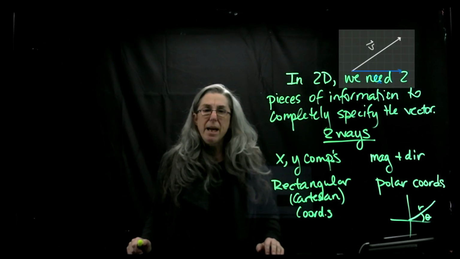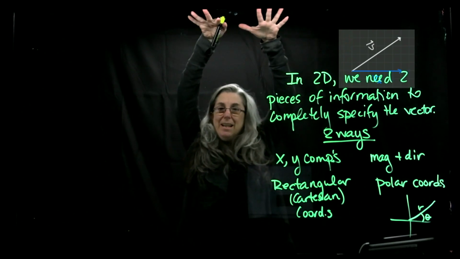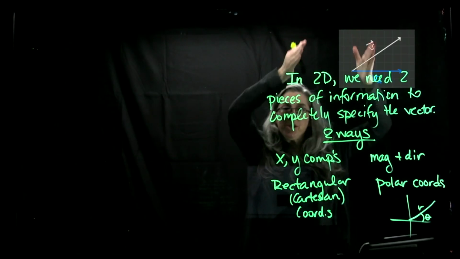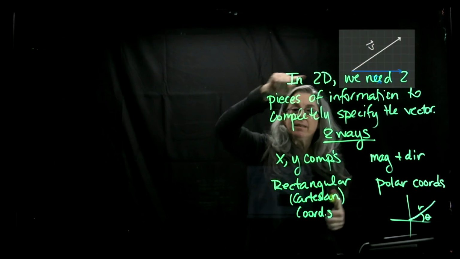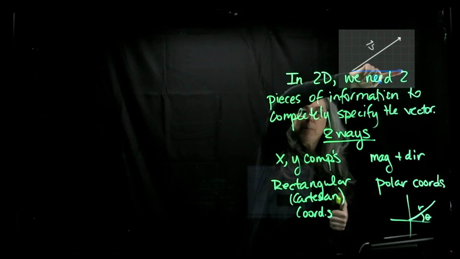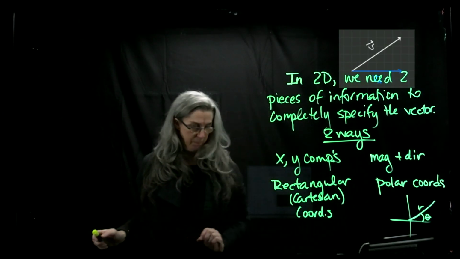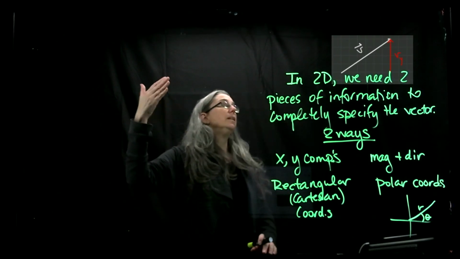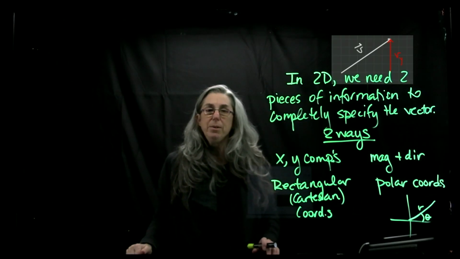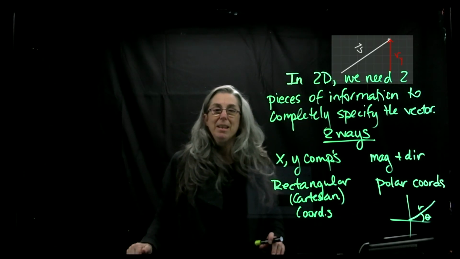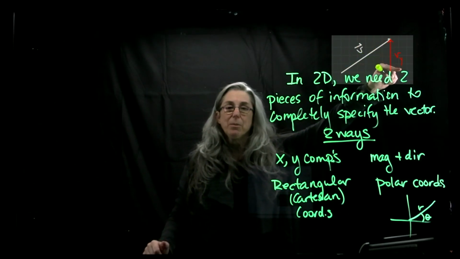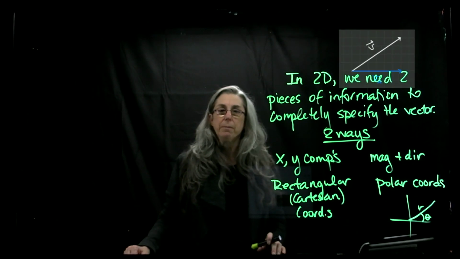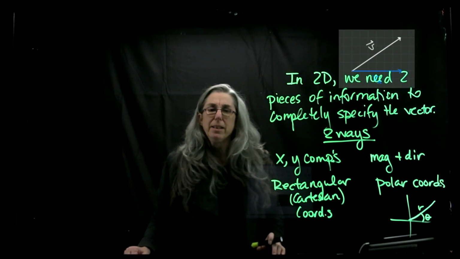If you imagine shining light straight down from above, so there's no angle to the shadow, the projection of v down to the x-axis is what we mean by the horizontal component, represented by that blue line right there. In a similar way, if you imagine shining a light from the left side to the right side, then what you see is the projection. Red might be a little bit hard to see. It's a red line right there, and that is the y component, or the vertical component, of the vector. Put that all together and it looks like this.